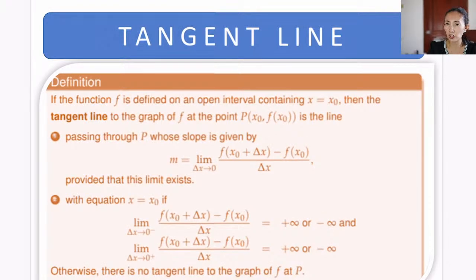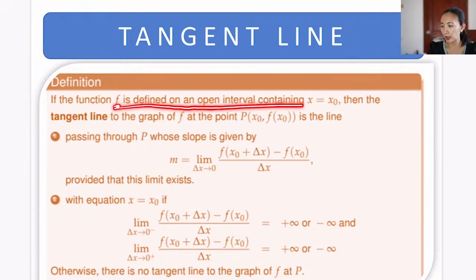So, by definition then, the function f is defined on an open interval containing x equal to x naught.